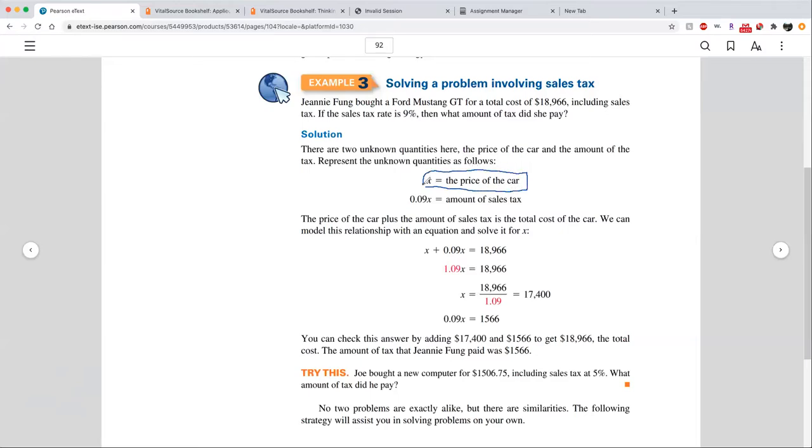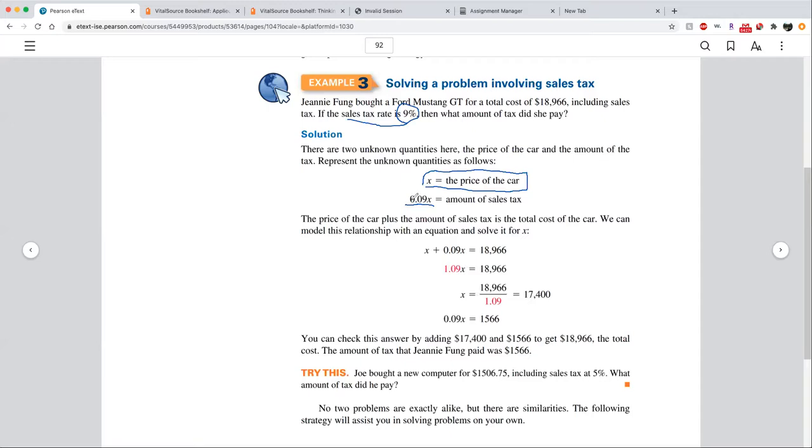Then the amount of sales tax is going to be 0.09x. Why? Because the problem says that the sales tax rate is 9%. The amount of sales tax is going to be 9% of x, the price of the car, which means 9% times x. But 9% is nothing but 0.09.